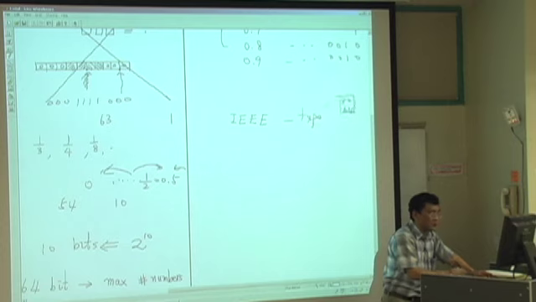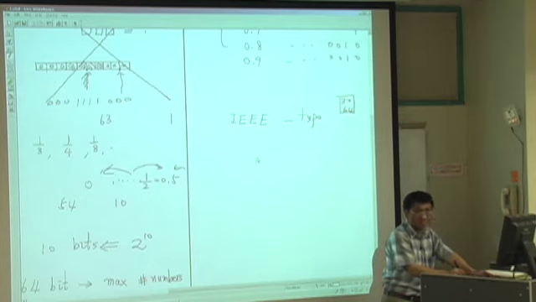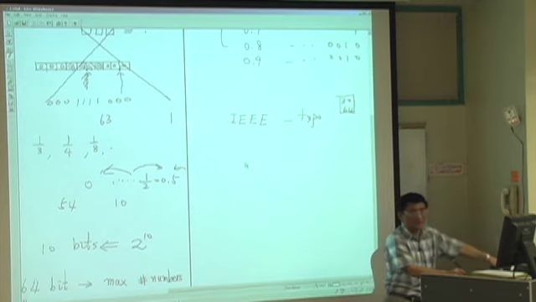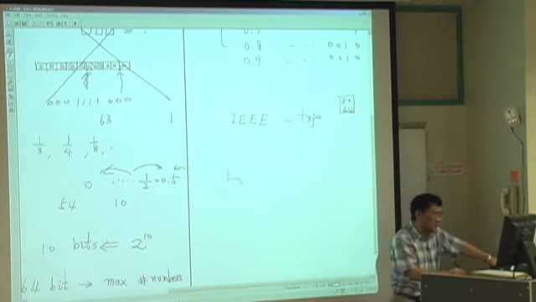But I will use an IEEE-type number, such as, how many digits under 10 do you like? How many bits do you like under 10? I will design that kind of number. You may choose how many numbers you want to represent using the number of bits. 8. So 8-bit is chosen.